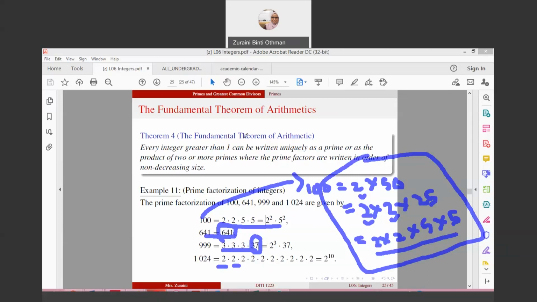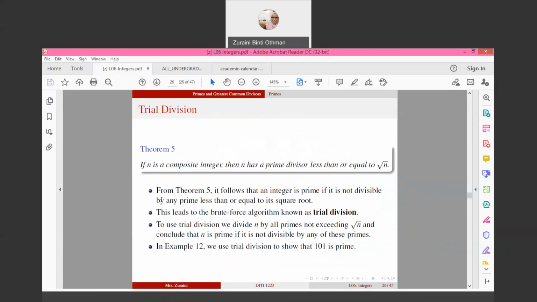Okay, so here, for theorem 5: if n is a composite integer, then n has a prime divisor less than or equal to the square root of n. From theorem 5, it follows that an integer n is prime if it is not divisible by any prime less than or equal to its square root.